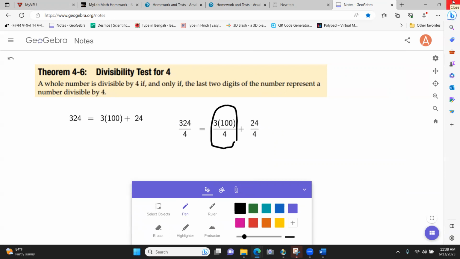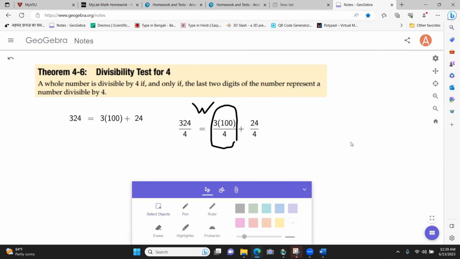This will always be divisible by 4 because this number has 100. 4 will go into 100 and you will get 25. So you'll get a whole number there. If you get a whole number here, you're good to go. When you add that whole number to this whole number, you're going to get a whole number. Okay? I hope that makes sense, the explanation.